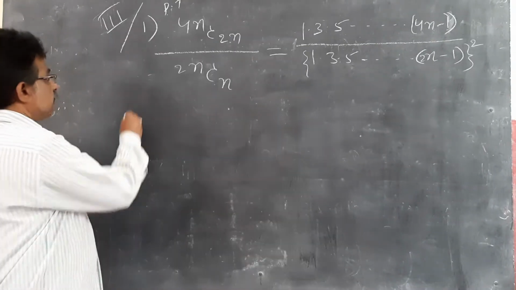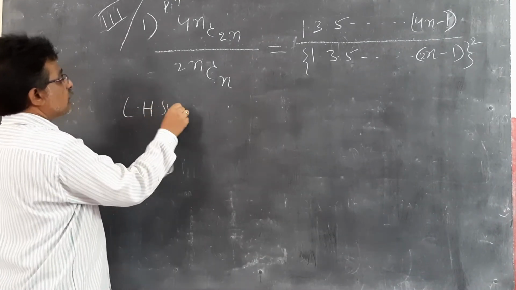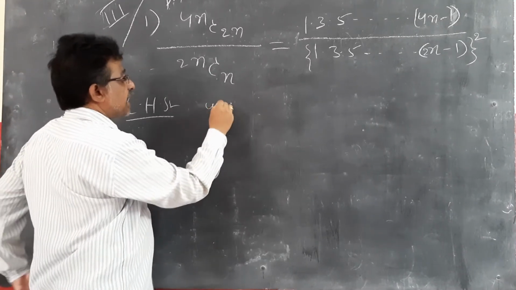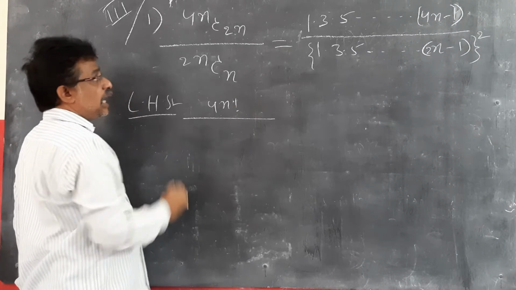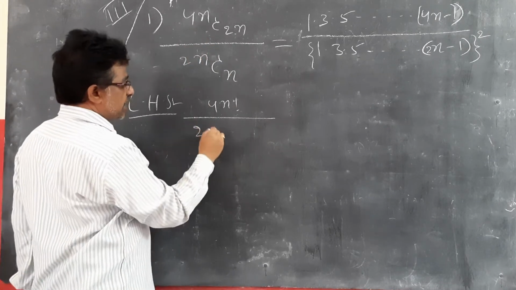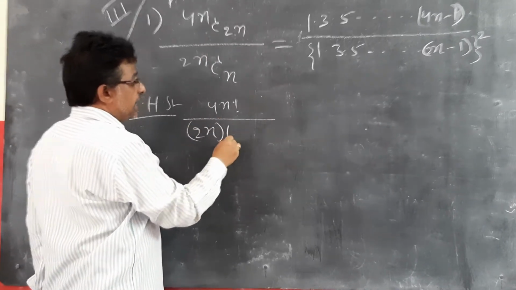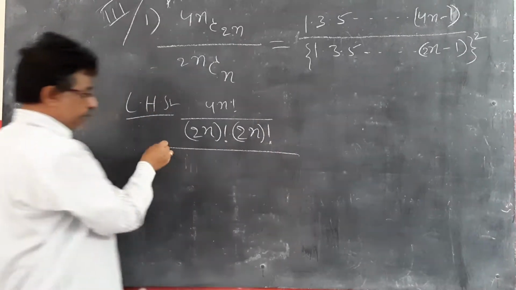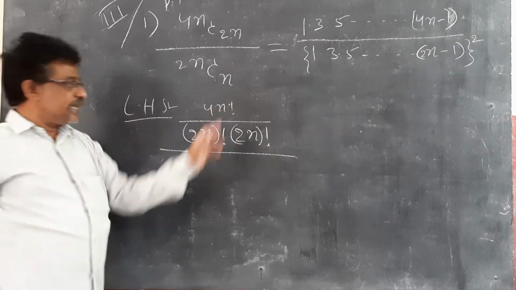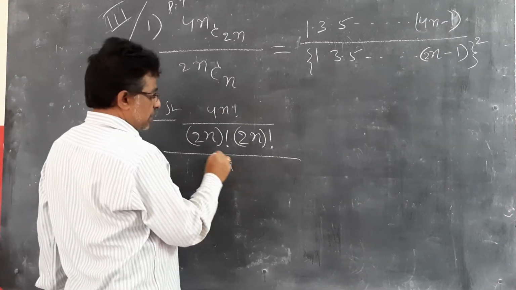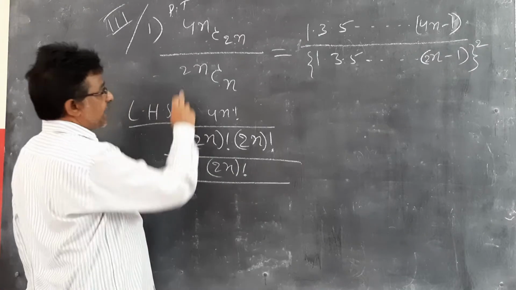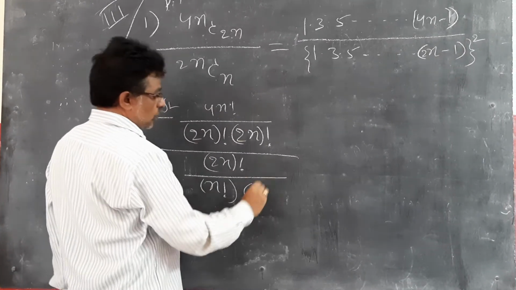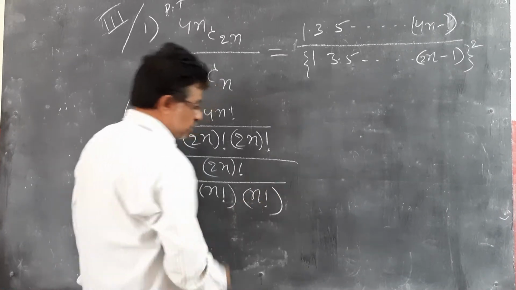LHS. How can I write 4nC2n? 4nC2n I can write as 4n factorial by 4n minus 2n factorial, that is 2n factorial into 2n factorial, divided by 2nCn, which is 2n factorial by 2n minus n factorial into n factorial.